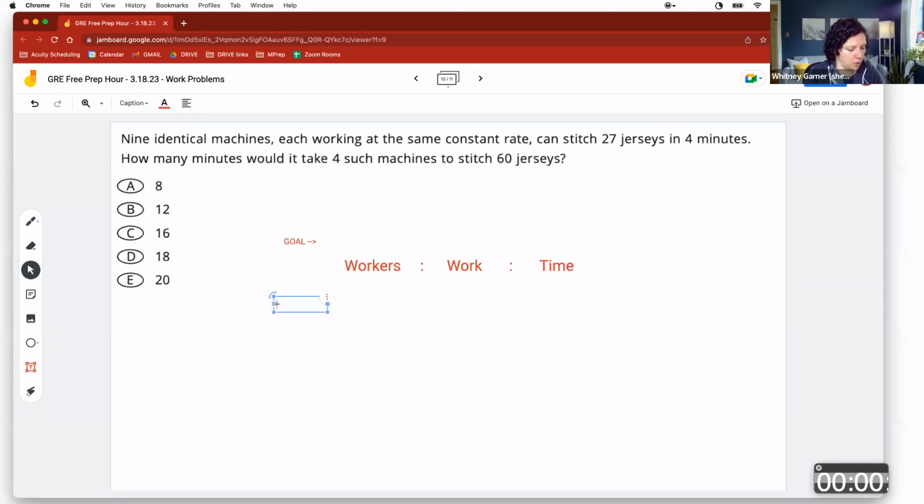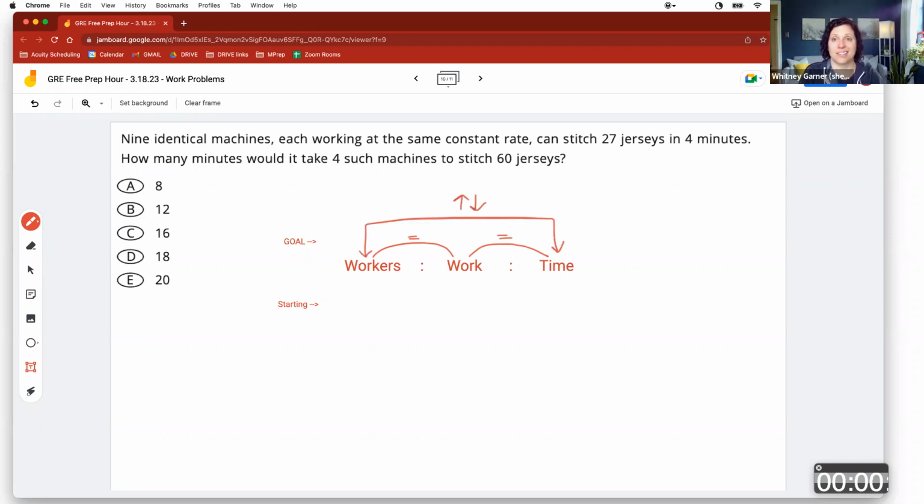Below it, I'm going to put my starting or my actual that I've been given. And then if I want to move workers and work, they move together. Work and time would move together. But as you saw in the previous example, workers and time move in opposition. Okay, so let's take 2 minutes and try this one out and let's see how it goes.